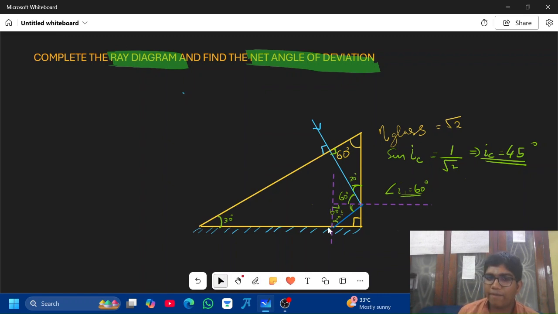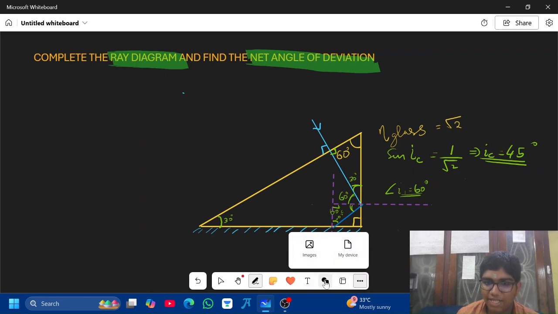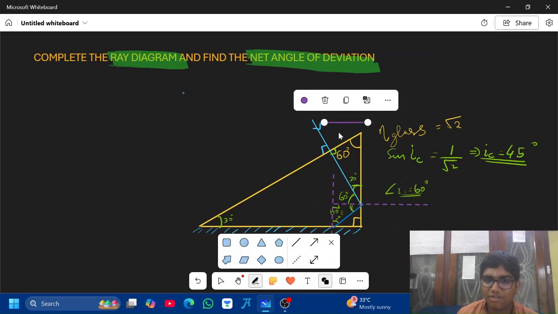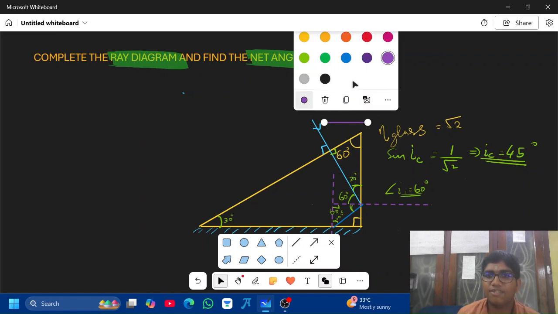And now we apply the law of reflection, where the incident ray to this surface will reflect off the surface at the same angle of incidence, which is 30 degrees. So let me draw another ray.